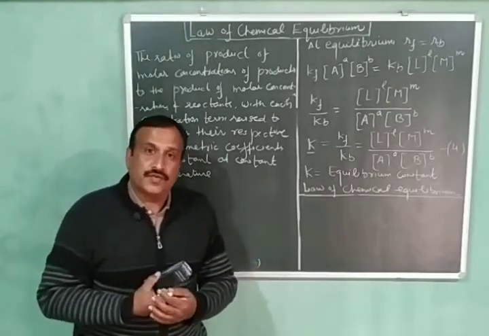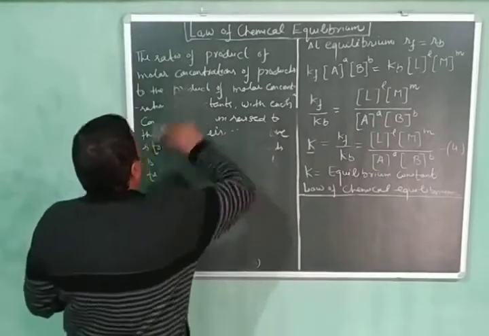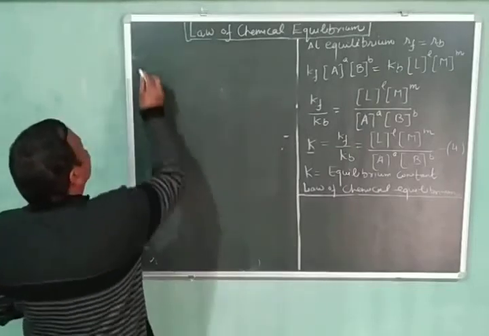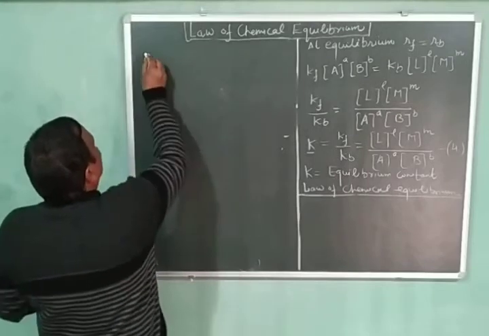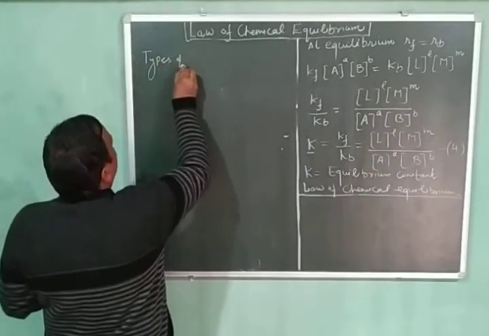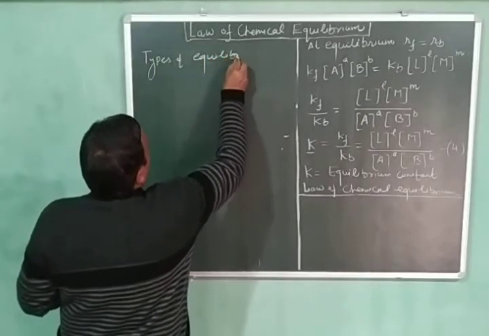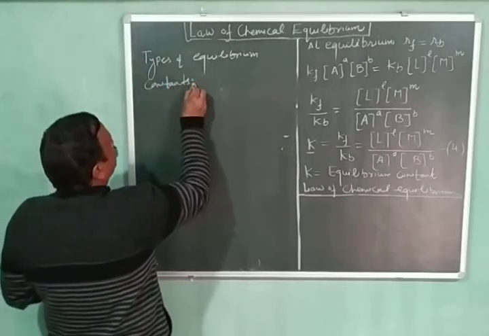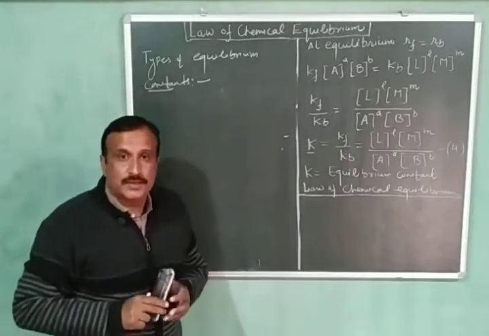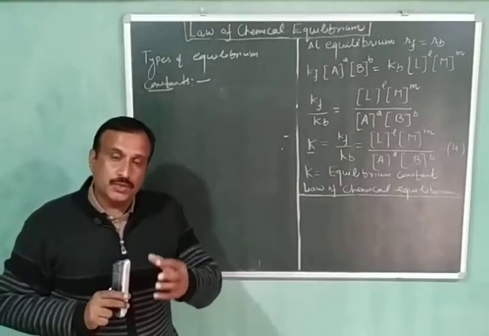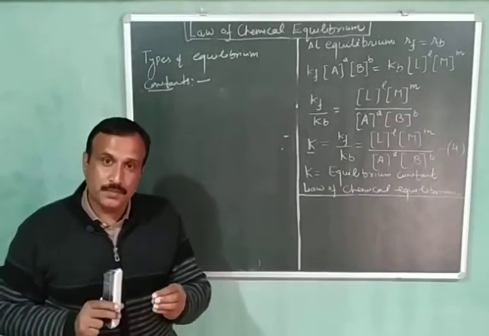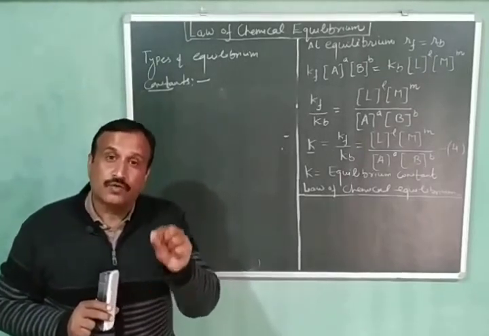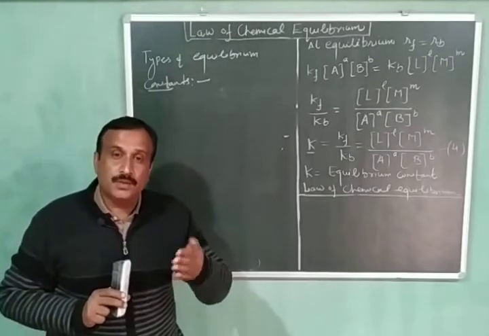Now let us discuss the different types of equilibrium constants. So friends, when the molar concentrations are used in the expression for the law of chemical equilibrium, then the equilibrium constant is called the equilibrium constant in terms of concentration, and it is represented by Kc.